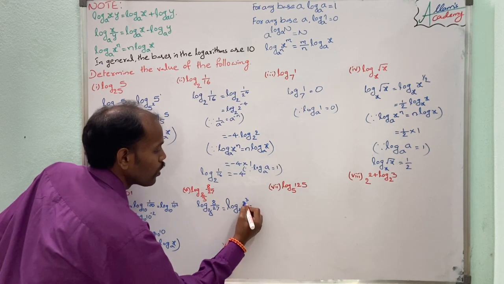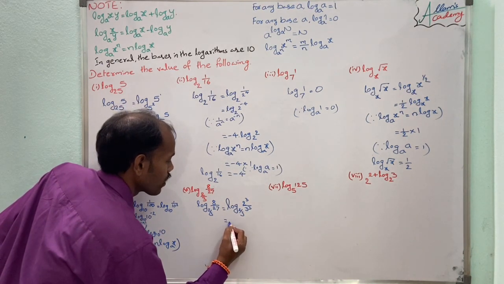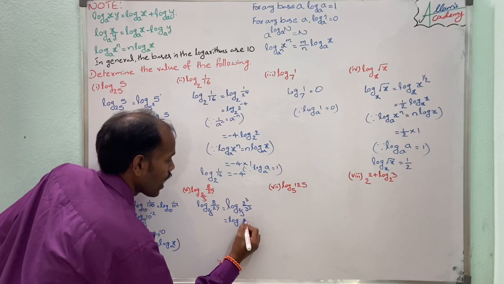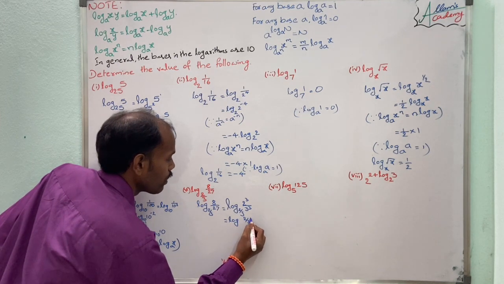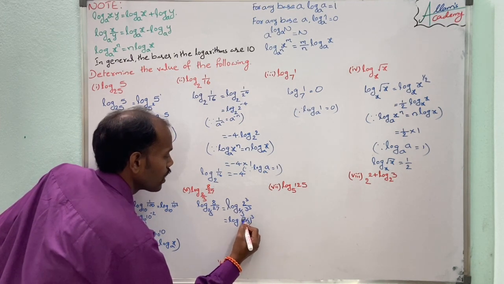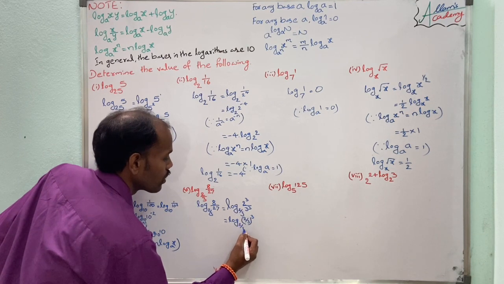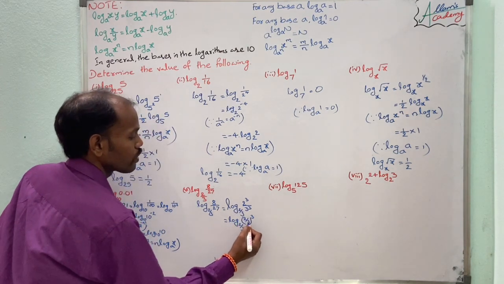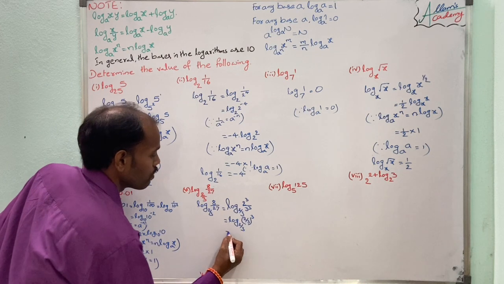So now both the numbers have the same exponent 3. So log a by b whole power m equals a by b whole power m. By using that principle, log 2 by 3 whole cube base 2 by 3.